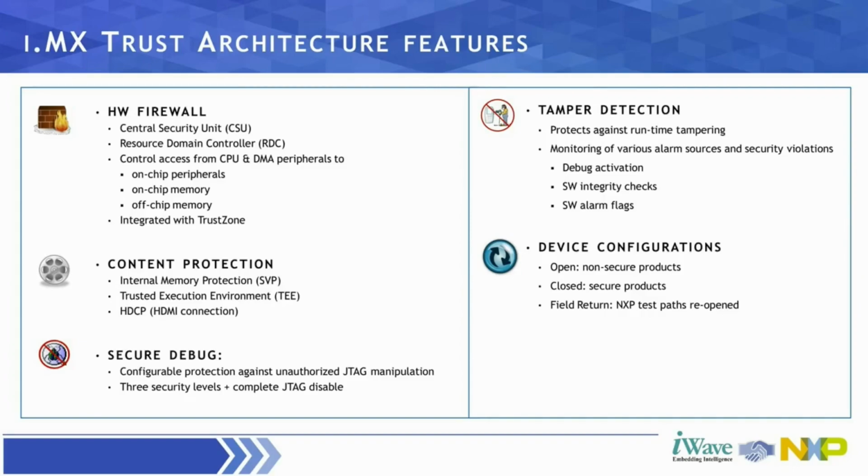The product is secure, authentication is enforced, secrets are being used and protected. And then we have the other way around when we need to return the chip. So we have a field return life cycle that will also destroy the secrets and make them unavailable to the software.